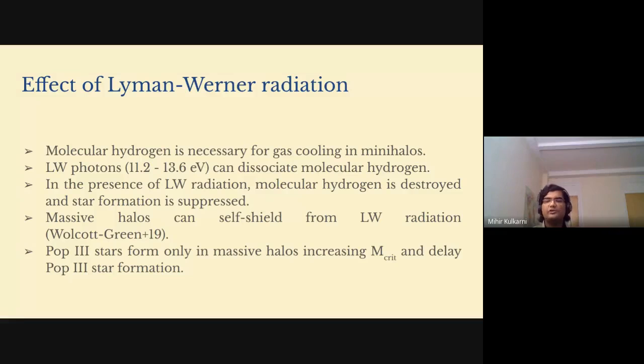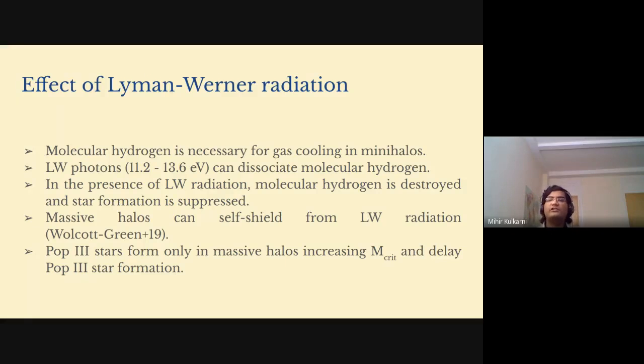So you form first stars in some part of the universe, they start emitting this Lyman-Werner radiation, and dissociate molecular hydrogen in the region surrounding them. As you form more and more stars, they build up a background radiation of Lyman-Werner photons.